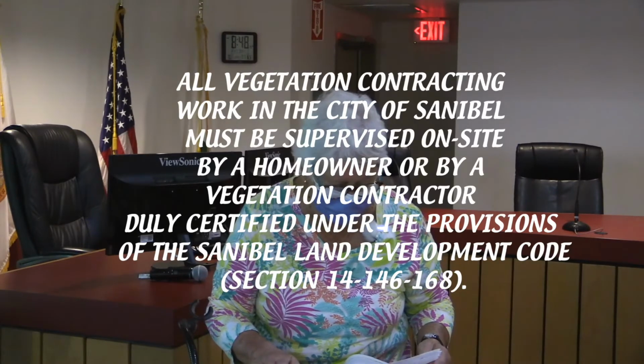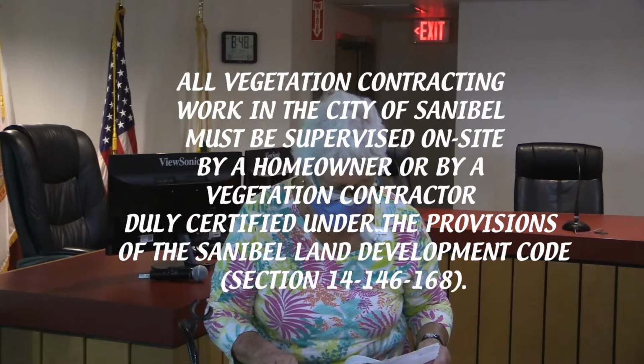The first thing I'm going to mention is the information sheet under the Land Development Code, on page 4 probably in your material. At the very bottom, it talks about contractors working with vegetation on the island. All vegetation contracting work in the City of Sanibel must be supervised on site by a homeowner or by a vegetation contractor duly certified under the provisions of the Sanibel Land Development Code.